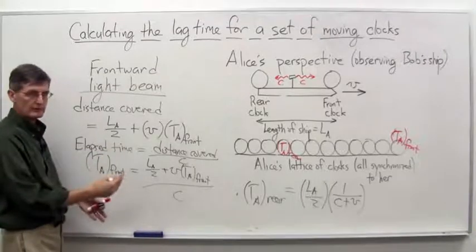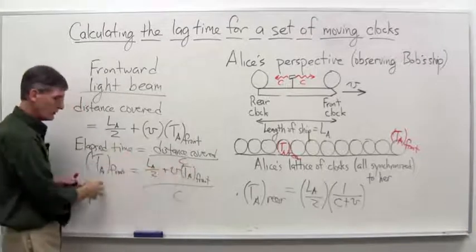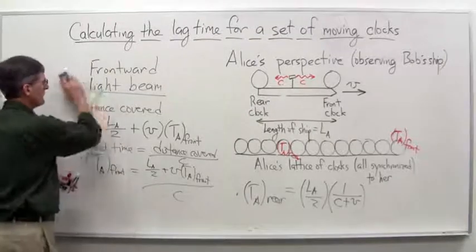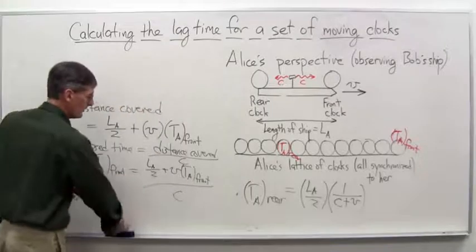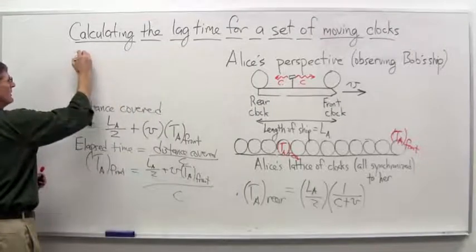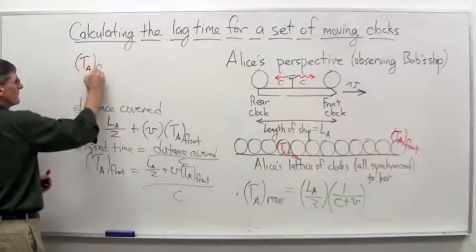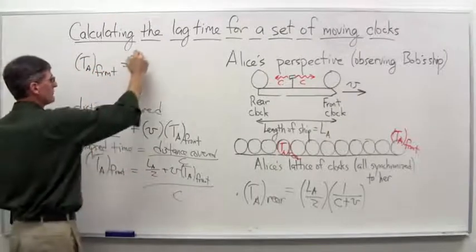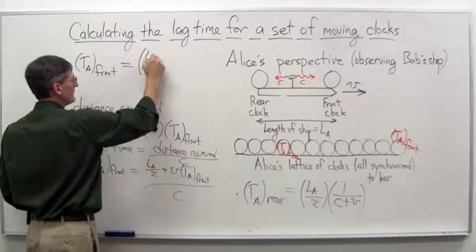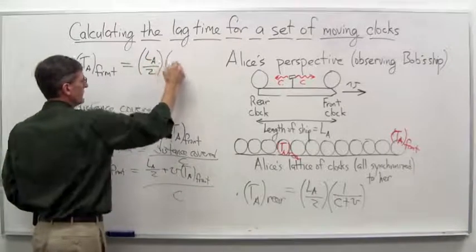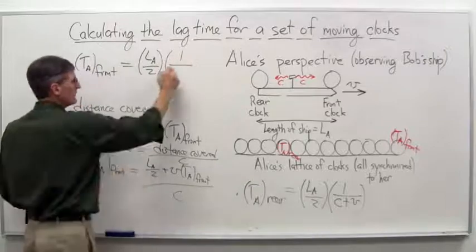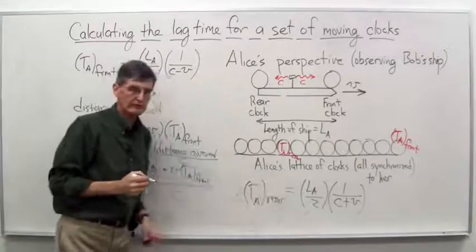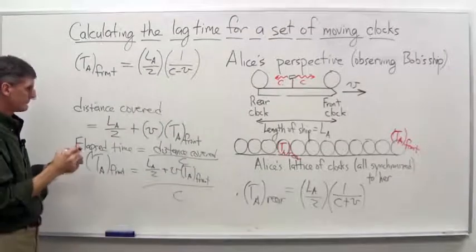And again, you manipulate a little bit, it doesn't take too much algebra, get the TAs on one side, and you will find out that, we'll write it up here because we'll want to see both of them in a minute, TA front equals, very similar to what TA rear is, but not quite the same. It's LA over 2 times 1 over C minus V.